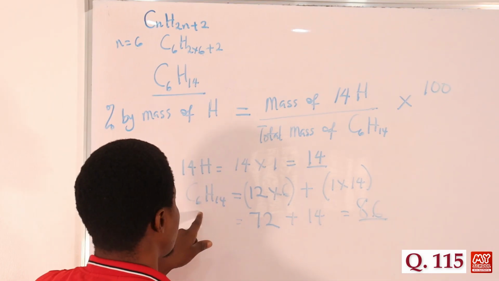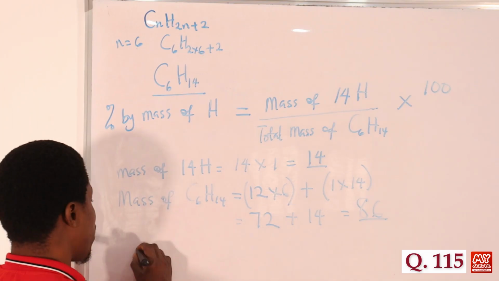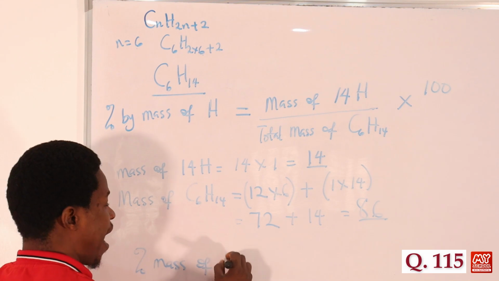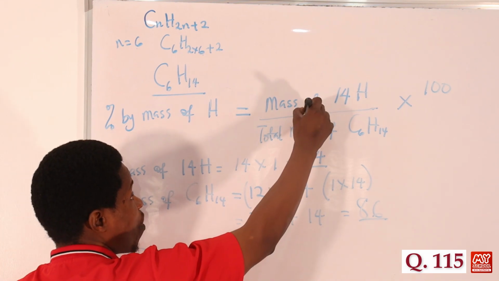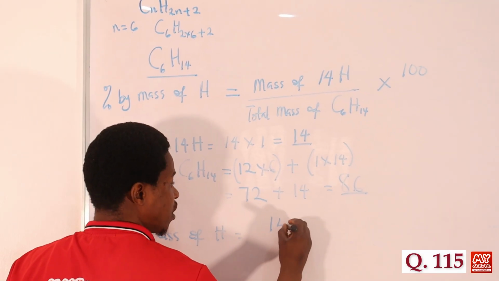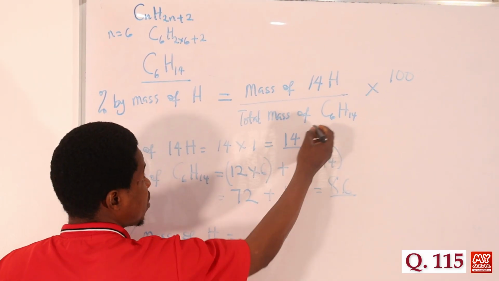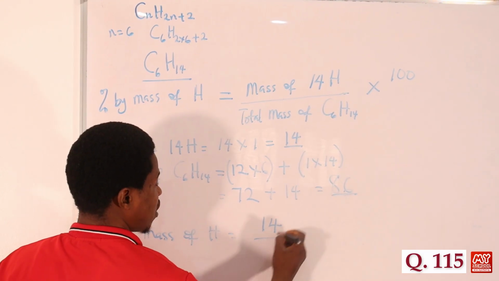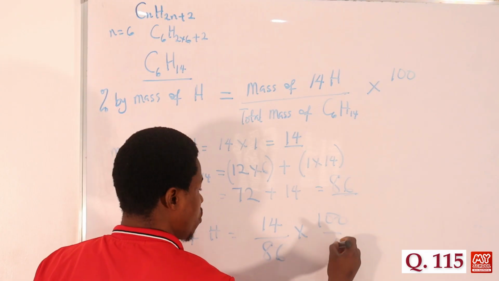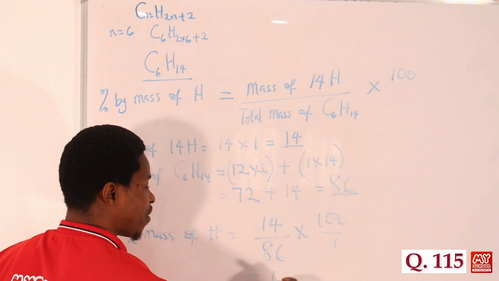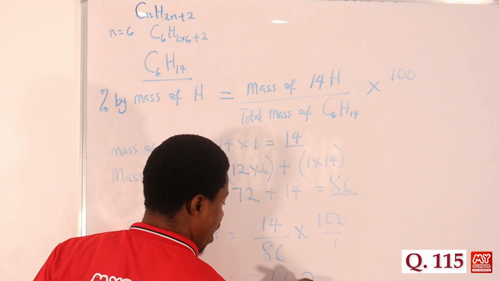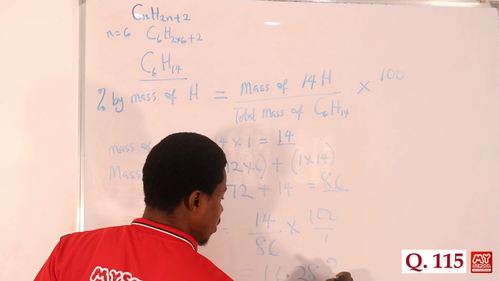So the total mass of C6H14 is 86. To find the percentage mass of hydrogen, we have 14 over 86, multiplied by 100. By the time you punch this on your calculator, you're going to have 16.28. You can verify that. 16.28% is what we have.